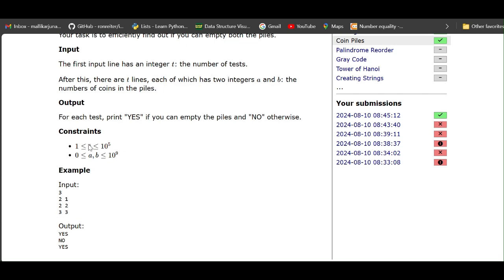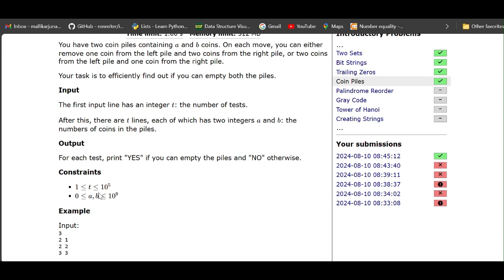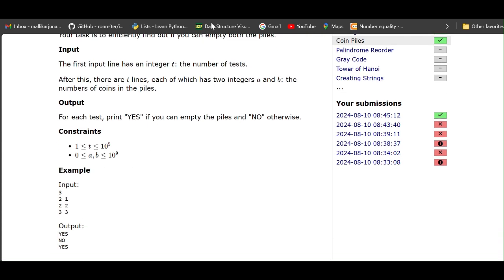The constraints are that t has to be less than or equal to 10 to the power of 5, so an integer is enough for this. And a, b are also less than or equal to 10 to the power of 9, so the integer data type is enough for storing these a, b values, right?